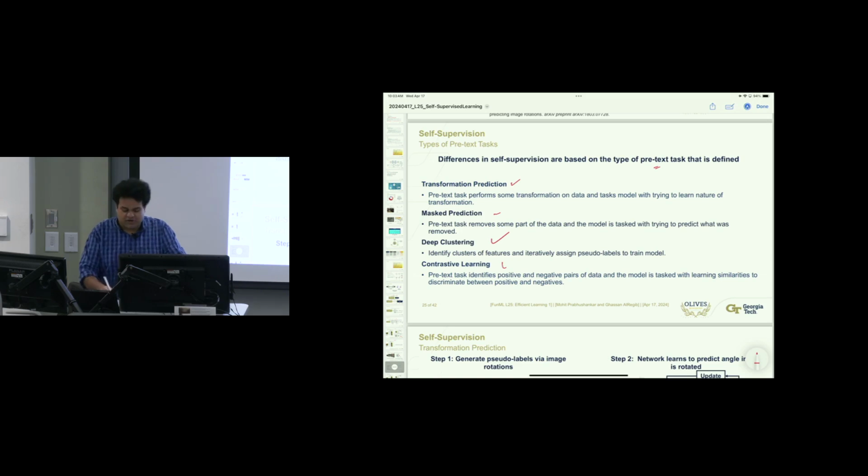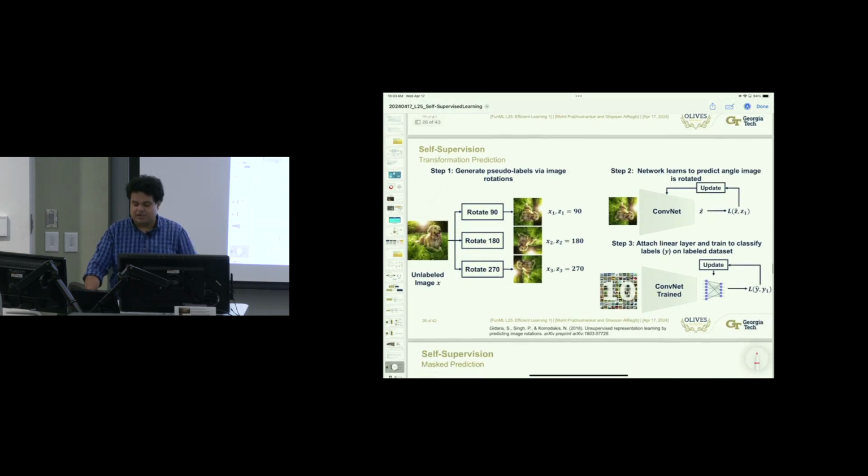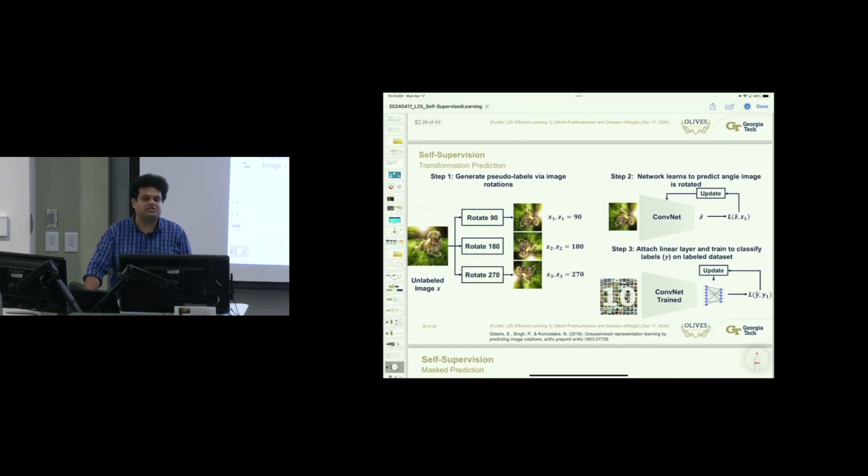So the first one, the pretext task, performs some transformation on data and the model is tasked with trying to learn the nature of the transformation. In this case, the rotation is one example that we saw. Another example could be a different kind of transformation, which is, let's say, albumentation, where you're changing the color of the image.